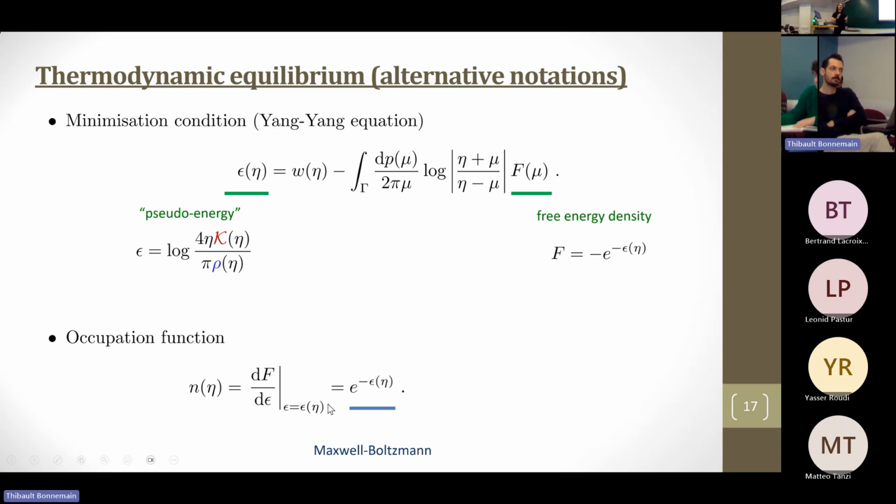And I end up with something that is reminiscent of Maxwell-Boltzmann type statistics, except that the energy has been replaced by the pseudo energy here.